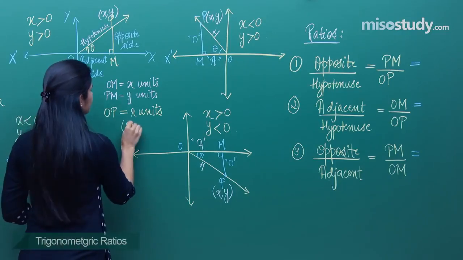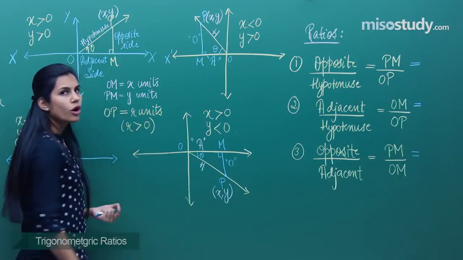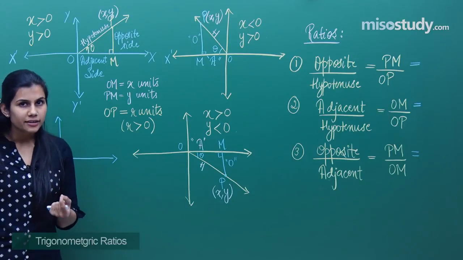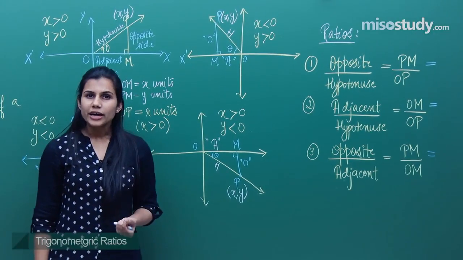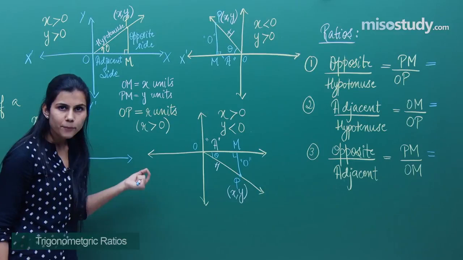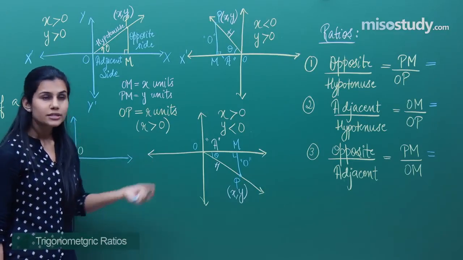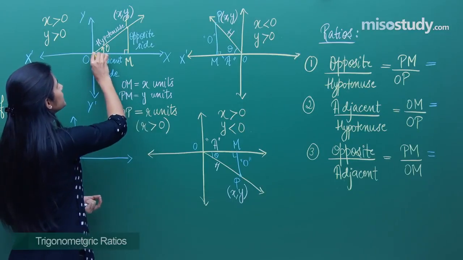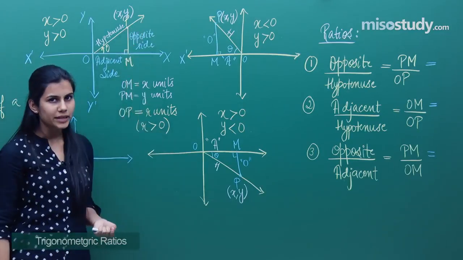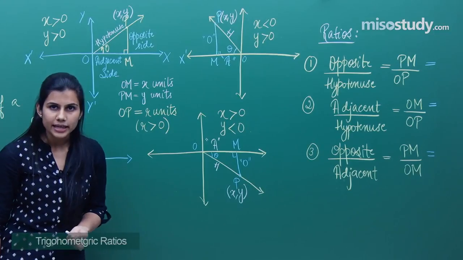And R is always going to be greater than 0. What I am trying to say is the length of the hypotenuse is never ever negative, because that is nothing but the distance between the point O and the point P, and distance can never be negative.